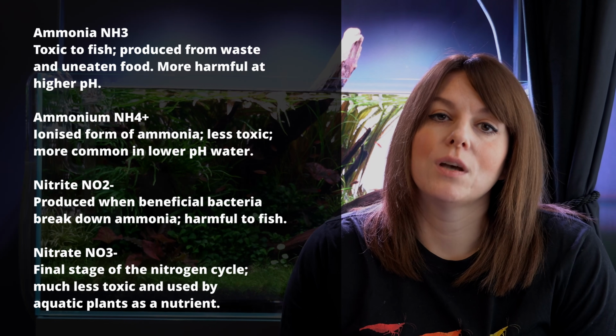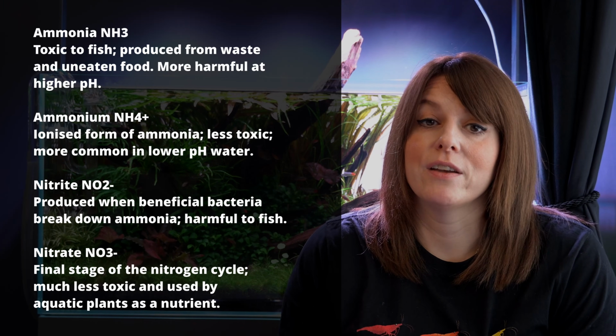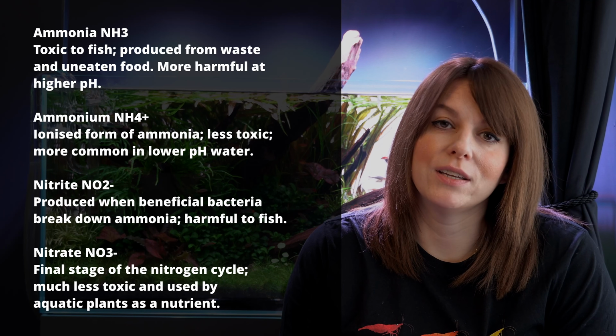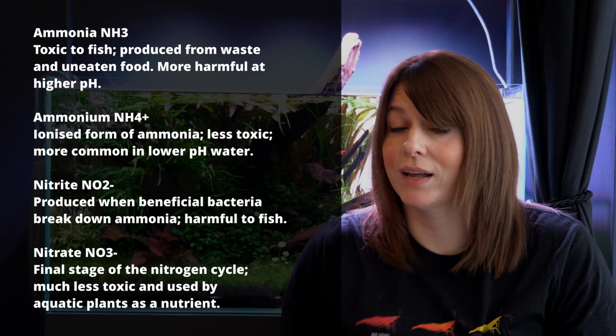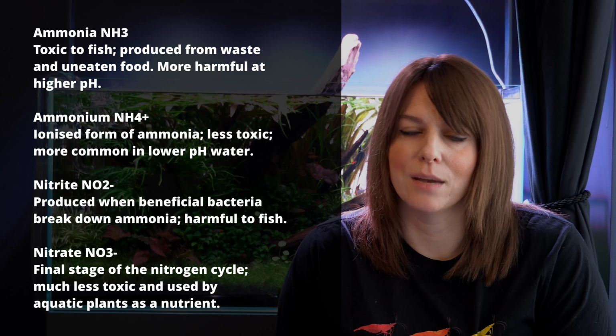Now, plants can use ammonium directly and very efficiently, whereas nitrate is used a bit more slowly. But fish hate ammonia and plants love it, or at least in tiny amounts. So plants prefer ammonium because it takes less energy to use. It's not as hard for them to take up. But ammonium is extremely dangerous in aquariums. It's toxic to fish.